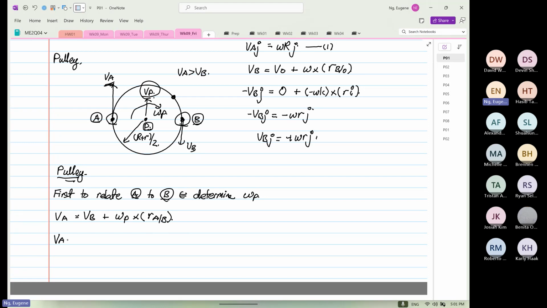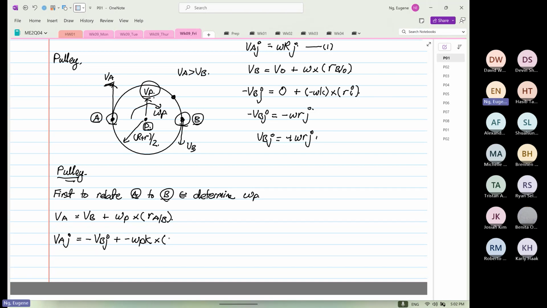So we know VA is equal to VAJ. VB is equal to minus VBJ because the fact that it's coming down, yes or no? Plus omega, I'm going to call this minus omega PK because it's going in a clockwise direction, cross point B to point A, right?